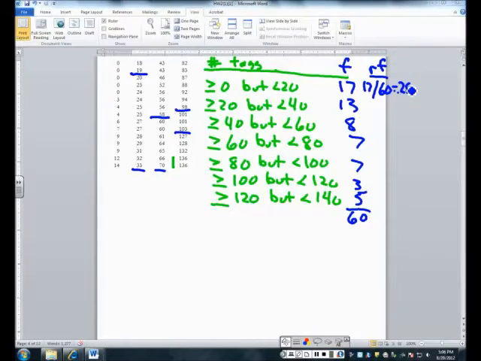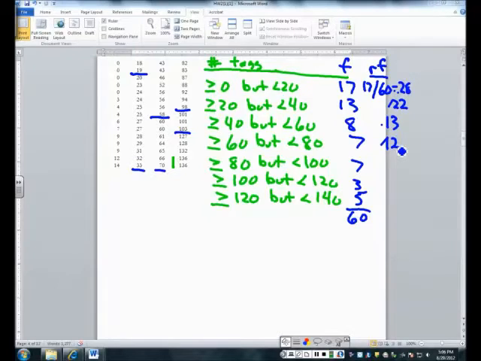Then 13 divided by 60, that's about 0.22. Then 8 divided by 60, 0.13. 7 divided by 60, about 0.12.